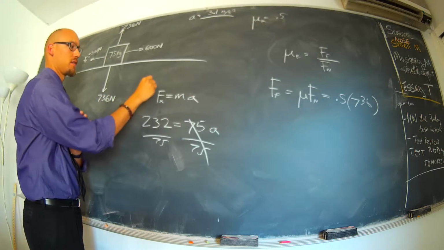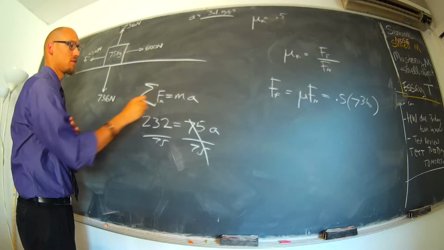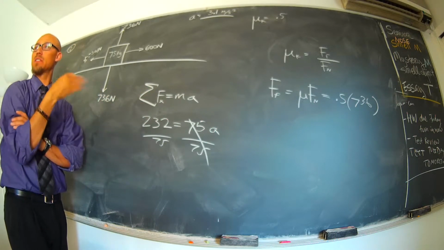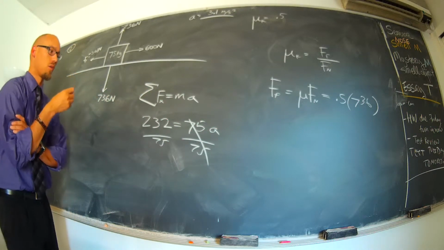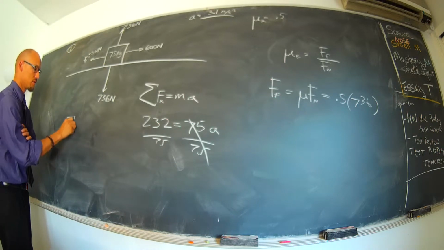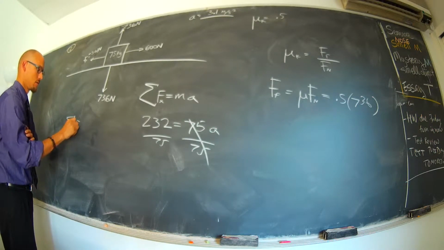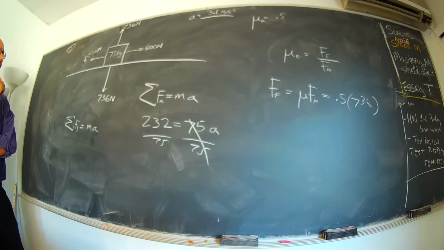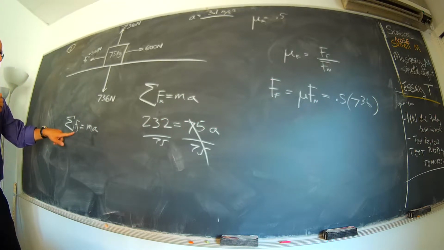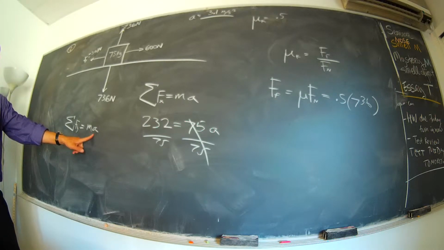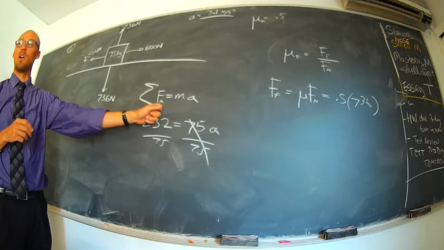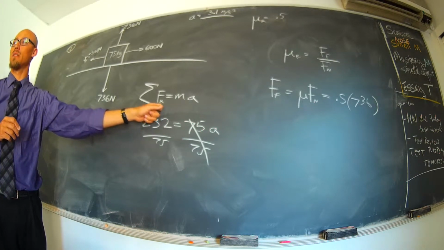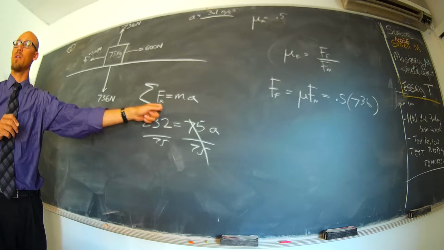You can say that the sum of x forces equals mass times acceleration in the x direction, or you could say that the sum of y forces equals the mass times acceleration in the y direction. But the sum of y forces is 0 right now, which is why the acceleration is also 0. So this F equals ma works either in x or in y.